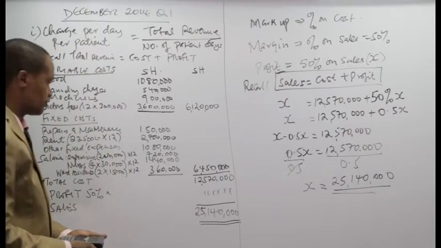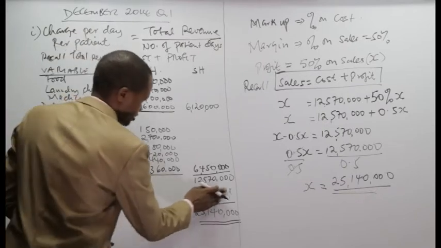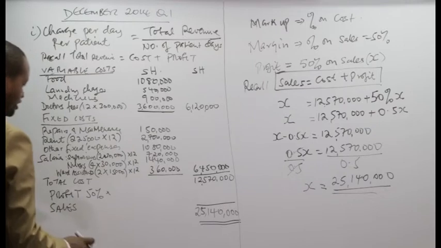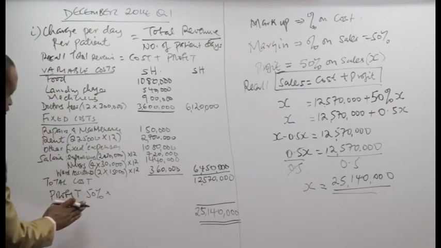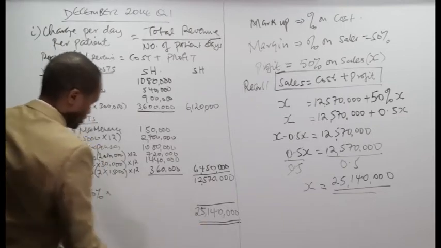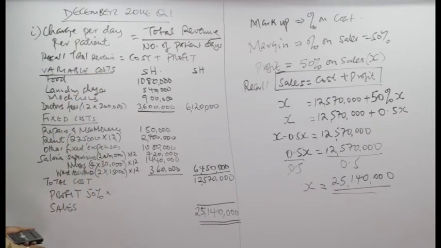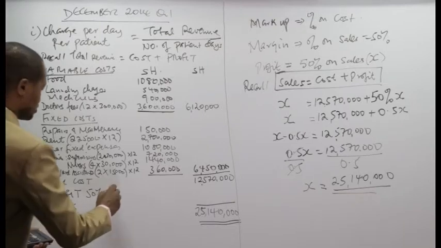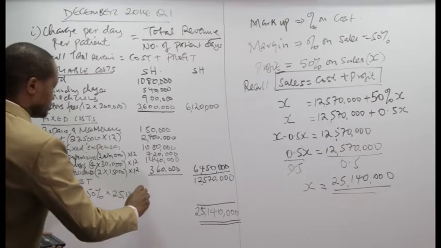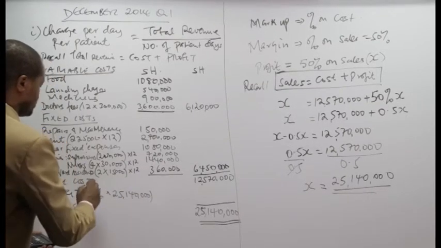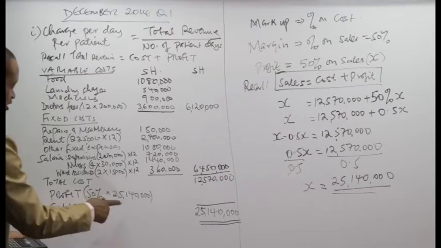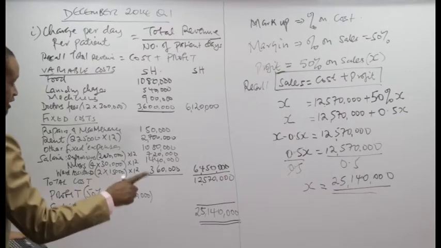Remember, the profit which you are looking for here, you can work it backwards. Or we can say profit is equal to 50% of 25,140,000. The 50% margin is applied on sales.